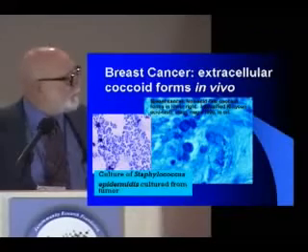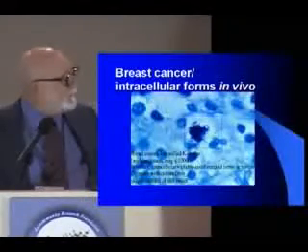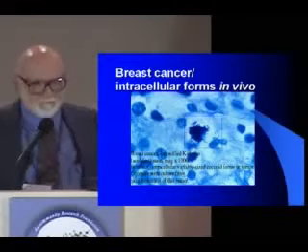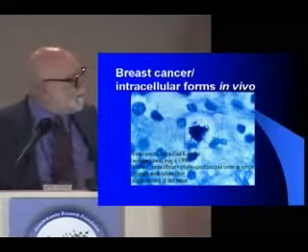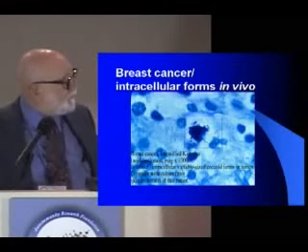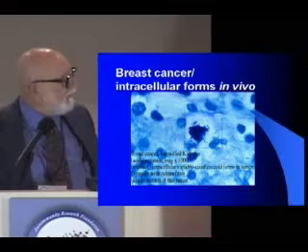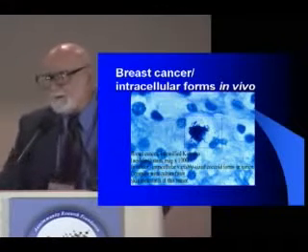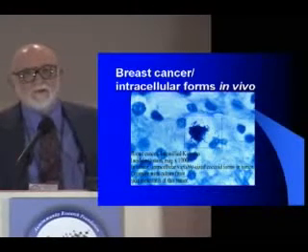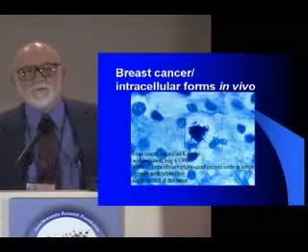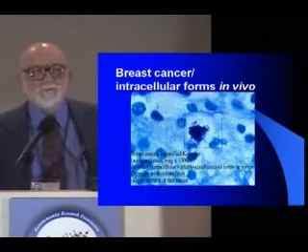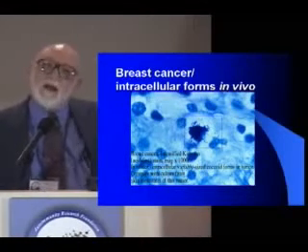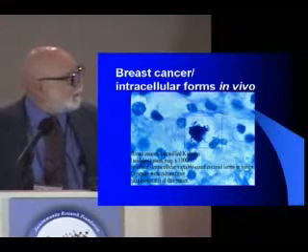Here is, again, a particular cell from breast cancer. If you look closely, you can almost see that they're like little fungal hyphae coming out of that cell. You don't see that very often, but I think that's going to equate to some of these pictures of blood cells where you see these little fungal-like hyphae coming out of the blood.